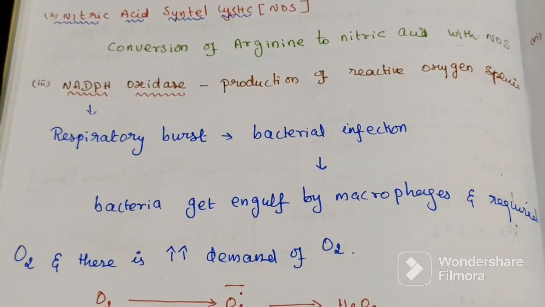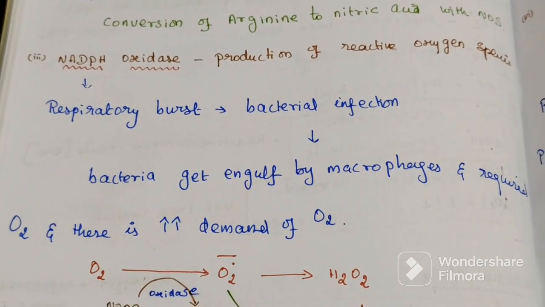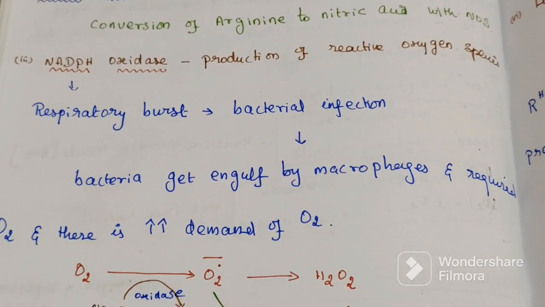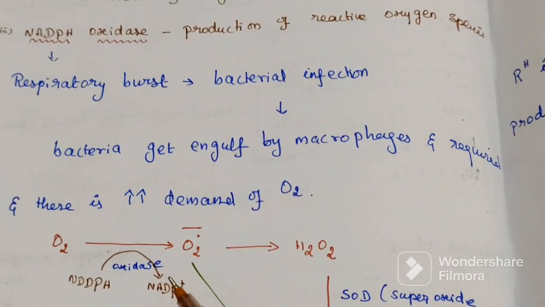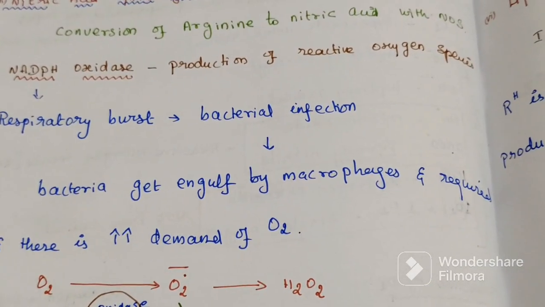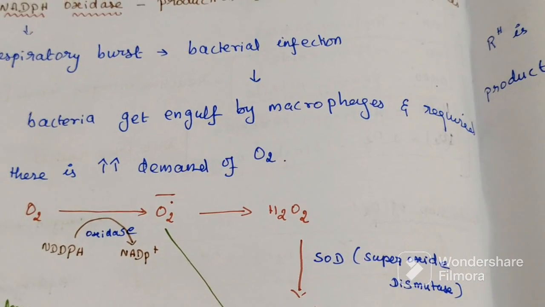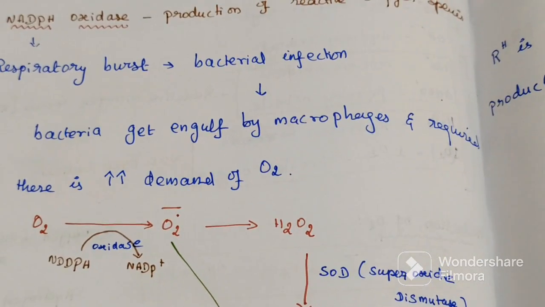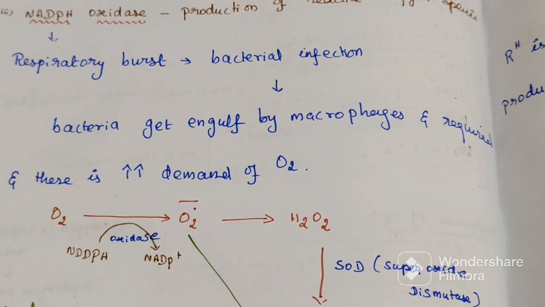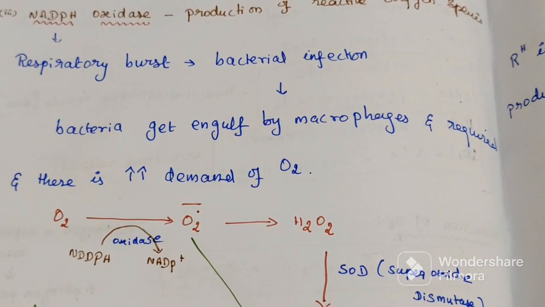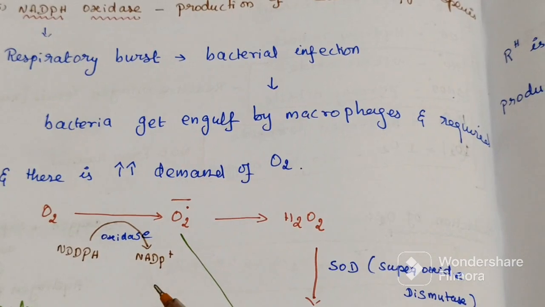Now what happens? This oxygen is converted into superoxide anion with the help of the enzyme known as NADPH oxidase, NADPH to NADP plus.